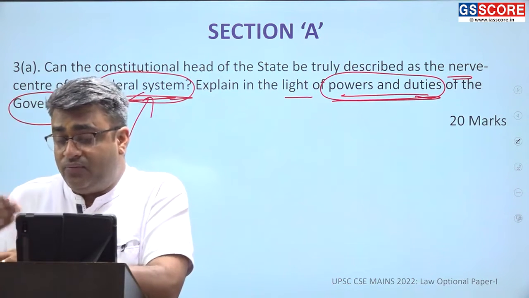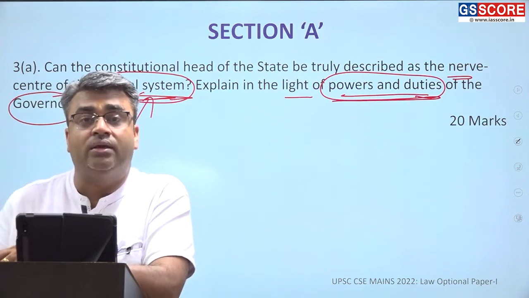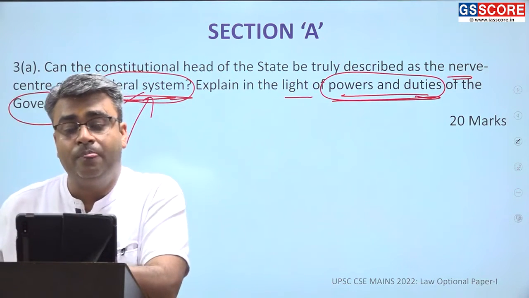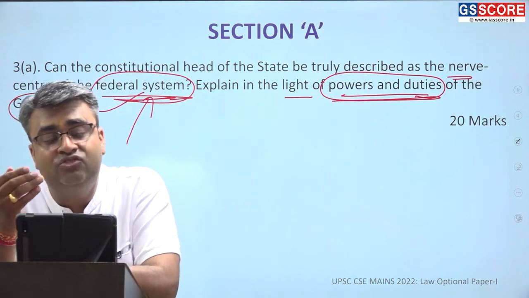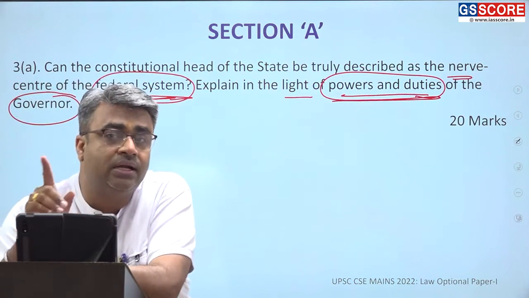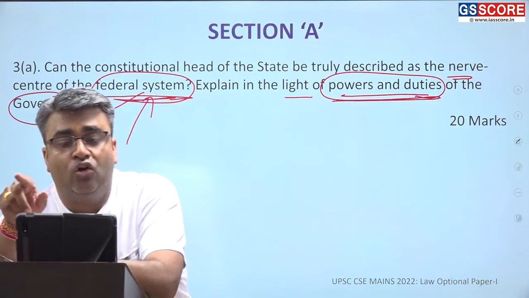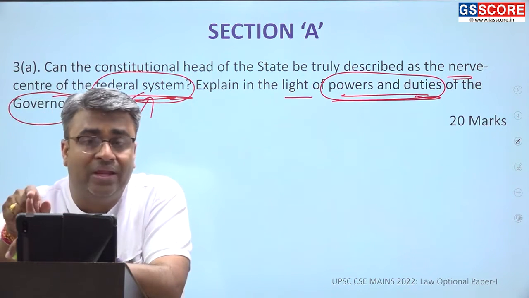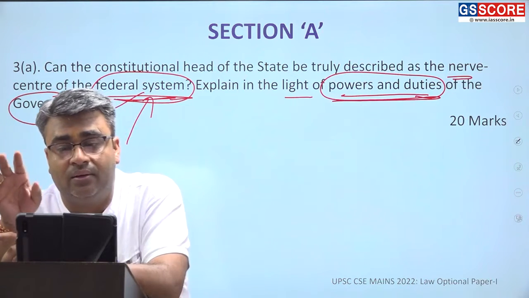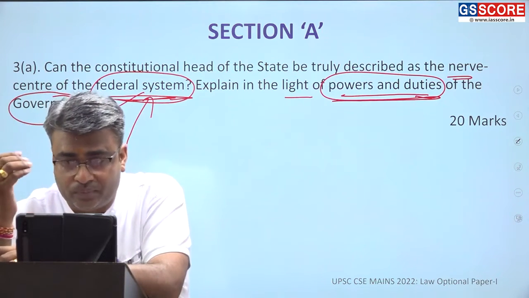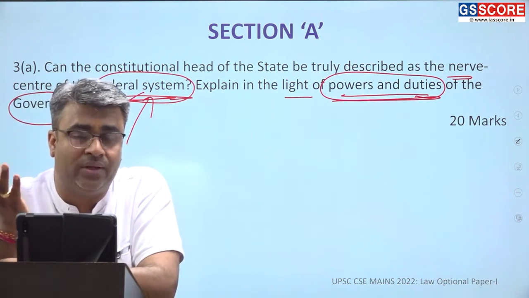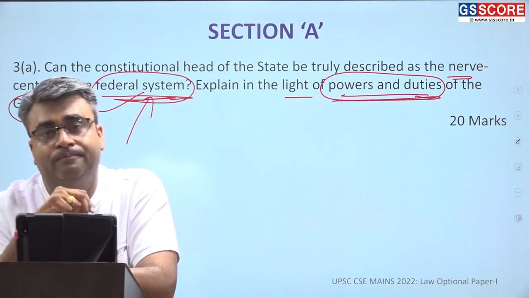Then, if the constitutional machinery is not working, then reporting to the union government is one of the biggest duties. And the governor maintains the chain of command and the effective communication between the central and the state government. And along with this, you know very well that the governor has the power to reserve the bills for assent. In case of emergency, he has the power to promulgate ordinances as well when the legislature is not in session.